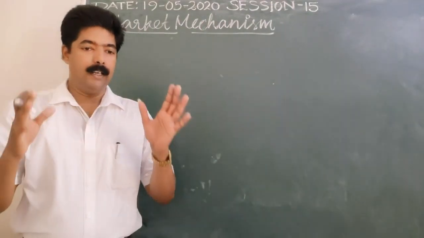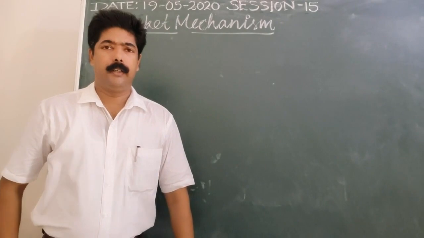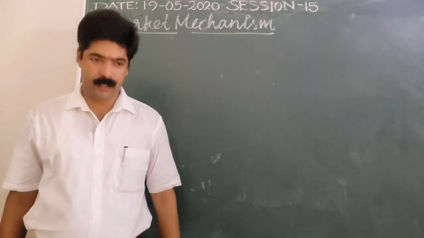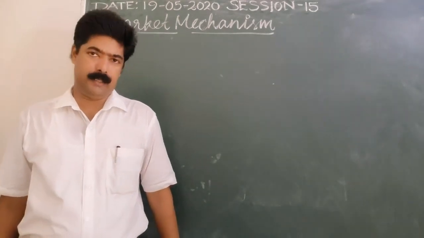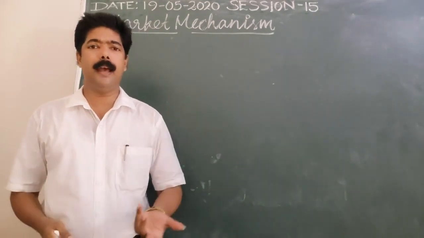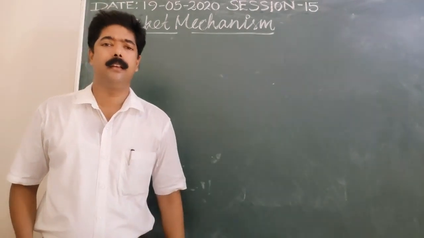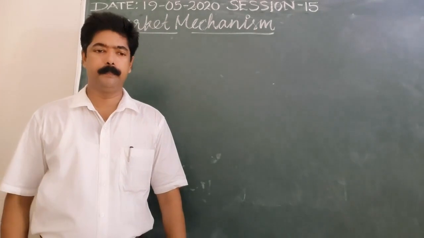Now we will discuss what? We have already discussed the demand for goods in a market and the supply of products in a market. In these two situations we have studied what demand is, who makes the demand, who supplies the commodity, and what supply is.